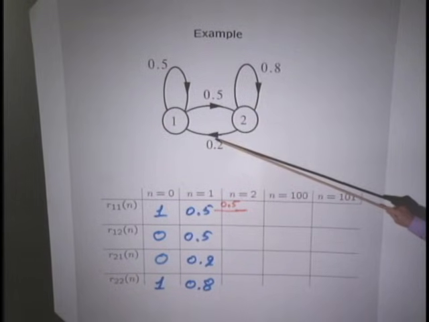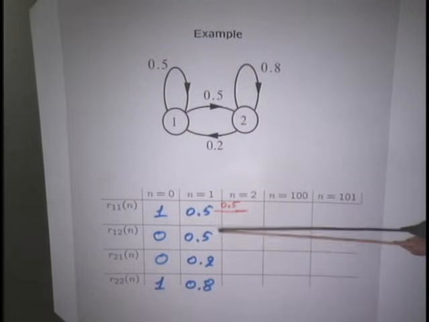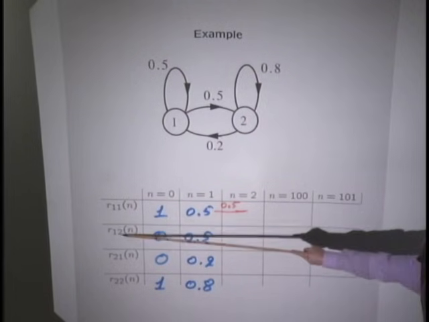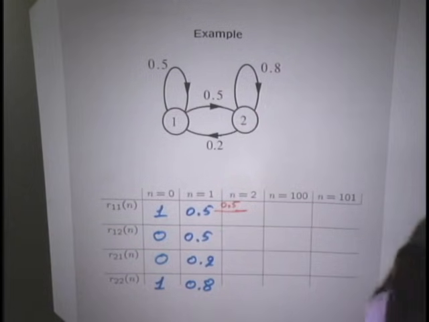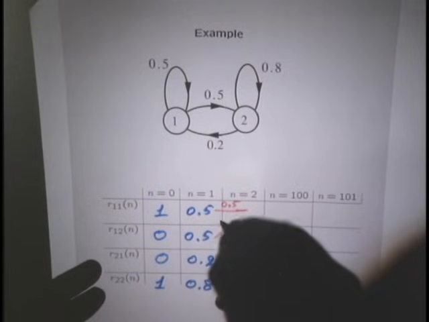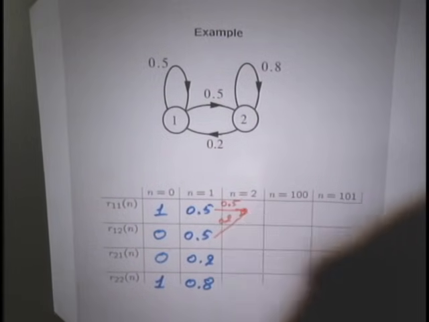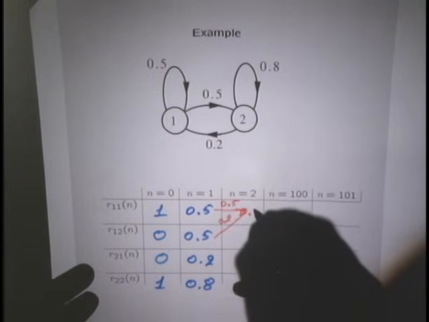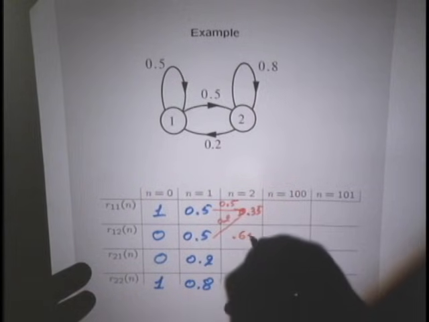It corresponds to taking the one-step probability of getting there times the probability that from state 2 I move to state 1, which in this case is 0.2. So basically we take this number multiplied with 0.2 and then add those two numbers. And after you add them, here you get 0.35. And similarly here, you're going to get 0.65.